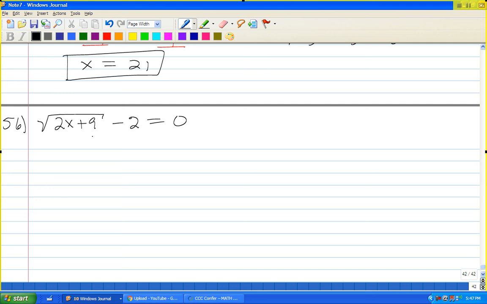And so let's add 2 to both sides of your equation. So I have the square root of 2x plus 9 is equal to 2. Let me square both sides of my equation.